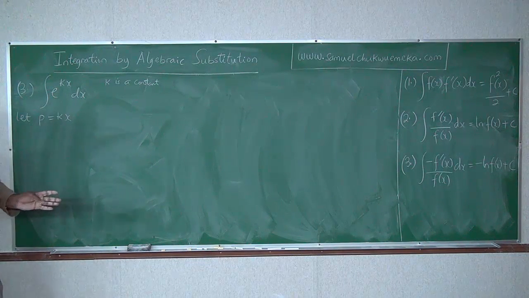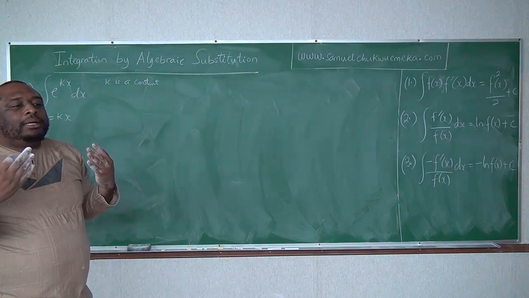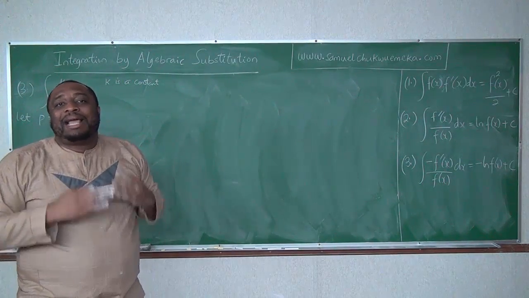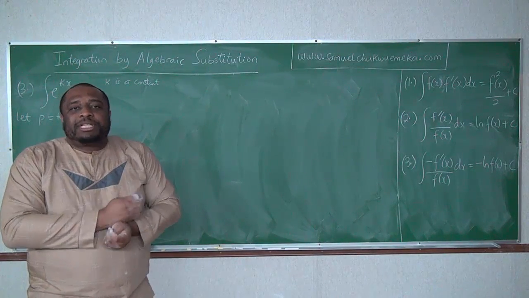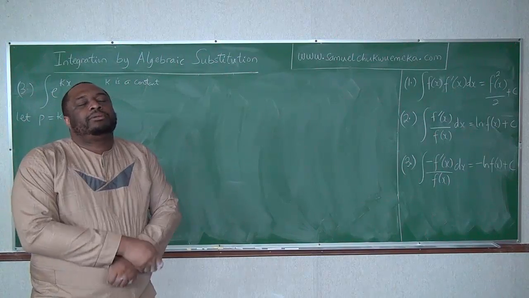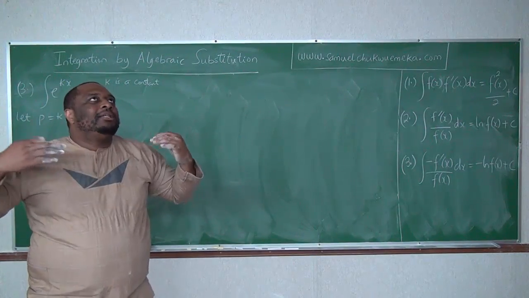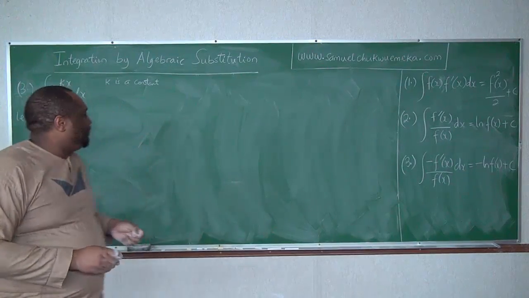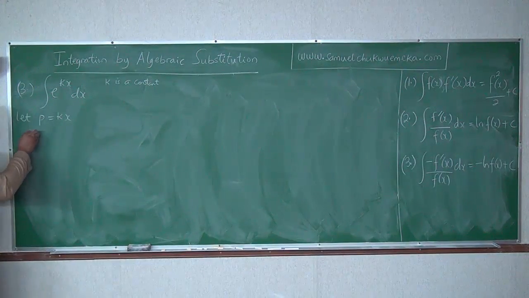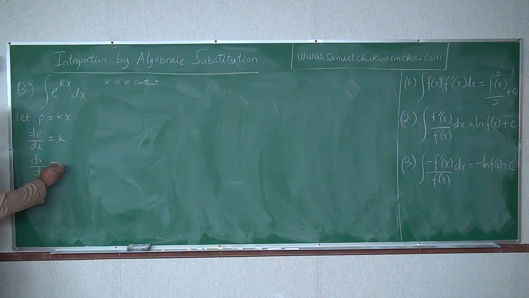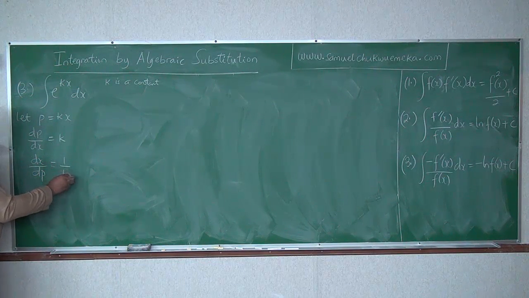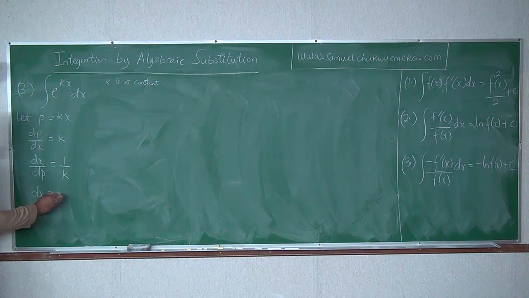This is a case where it will not cancel; it must not always cancel. You just want to do some substitution to simplify the problem. So p is equal to kx. dp/dx gives us k, and dx/dp gives us 1 over k. So our dx is dp over k.